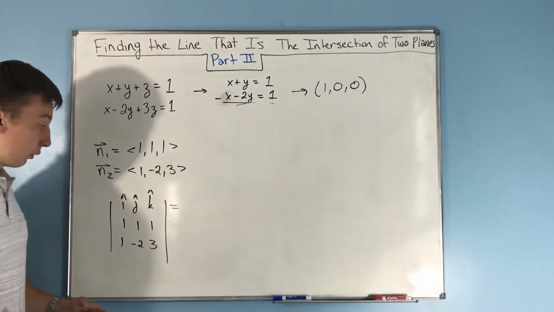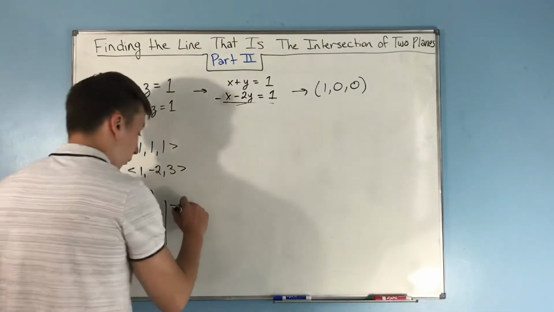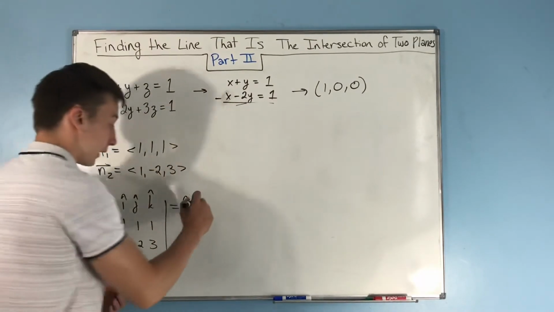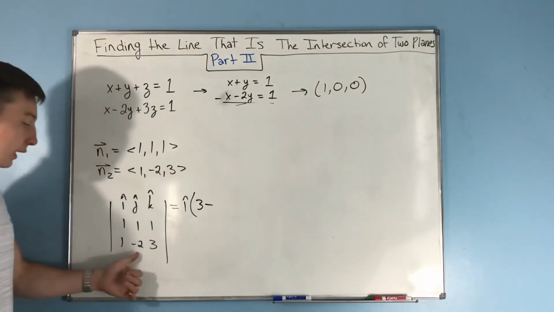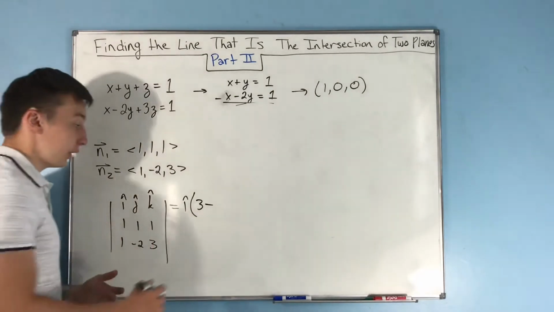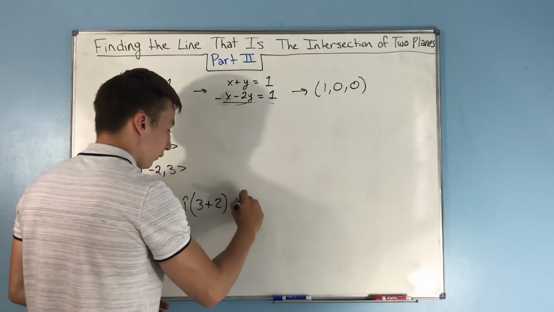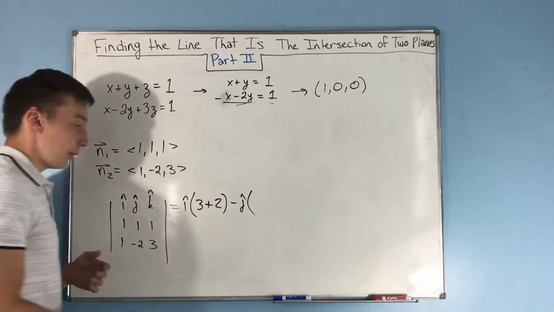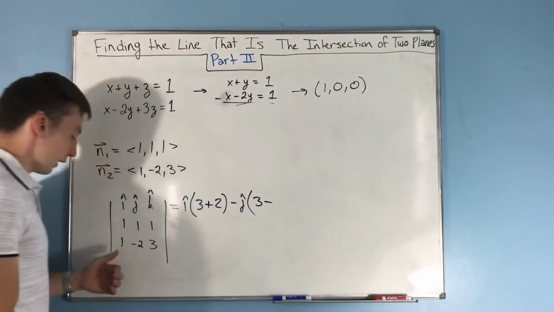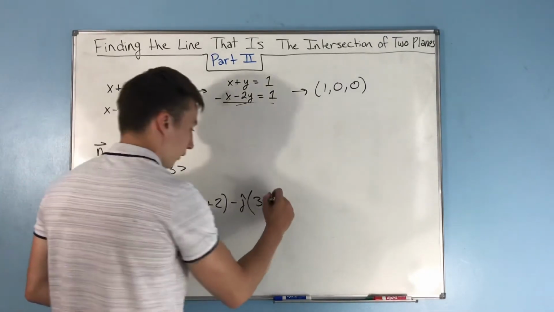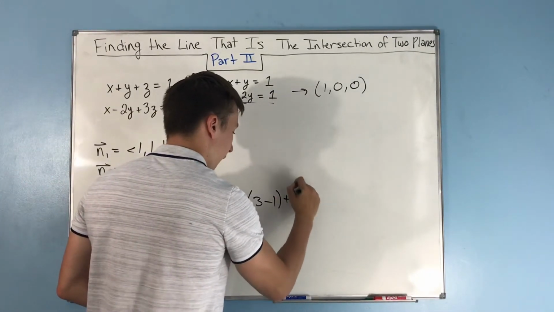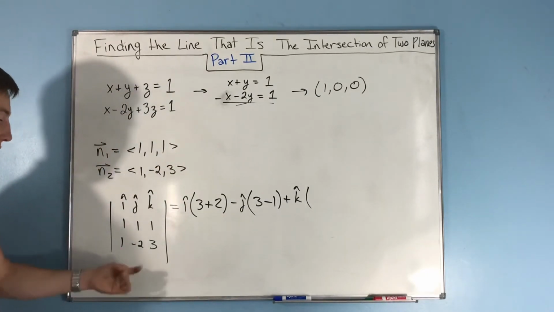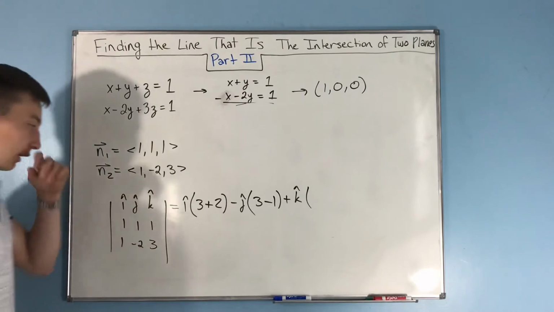All right, so now let's start off with our i hat. We have 1 times 3, that's 3, and that's going to be minus negative 2 times 1, which is negative 2, so this becomes a positive 2. Then we get minus j hat. 1 times 3 is going to be 3, minus 1 times 1, which is 1. Then we have plus k hat times 1 times negative 2, which is negative 2, and then minus a 1.